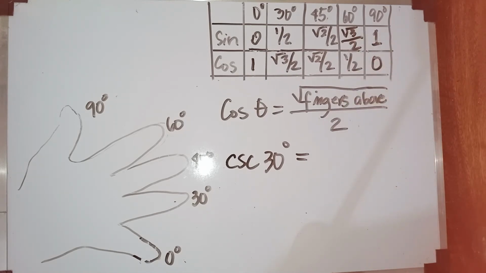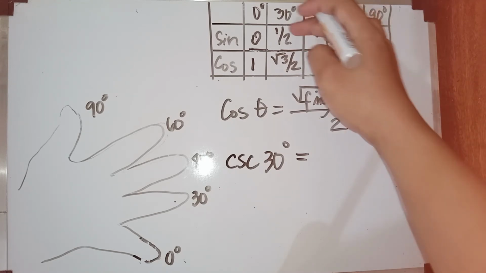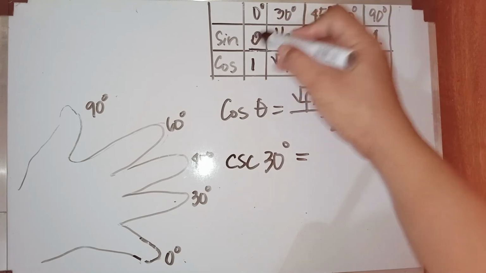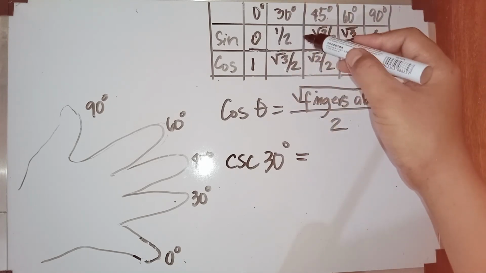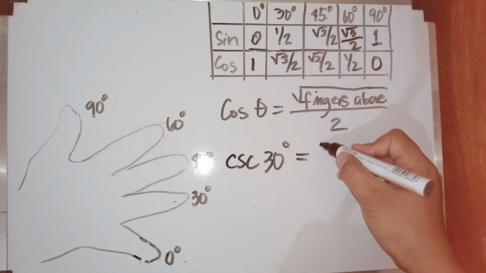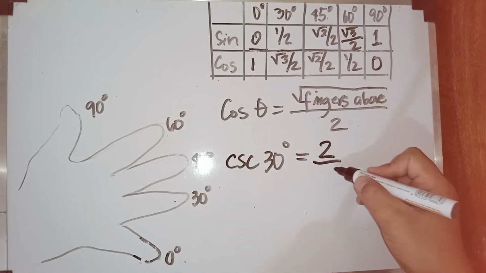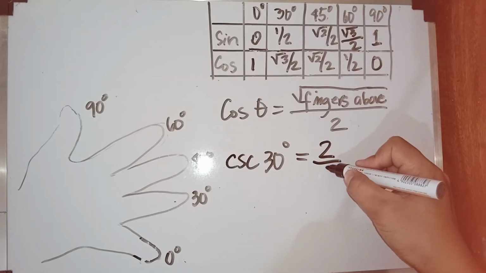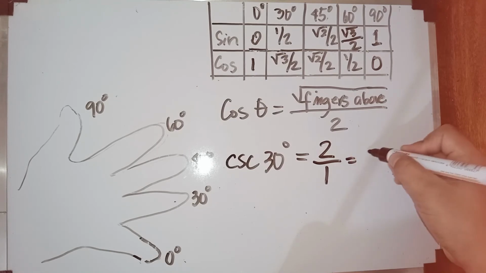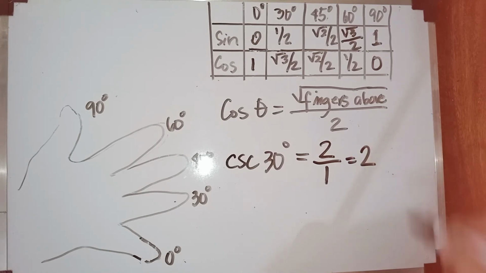So, sabi ko, cosecant is just the reciprocal of sine theta. So, ang gagawin nyo is, babaliktarin nyo lamang po yung 1/2, which is the value of sine 30. So, gagawin nyo yung denominator is magiging numerator, which is 2. And the numerator will become the denominator. So, 1. So, cosecant 30 degree is equal to 2.